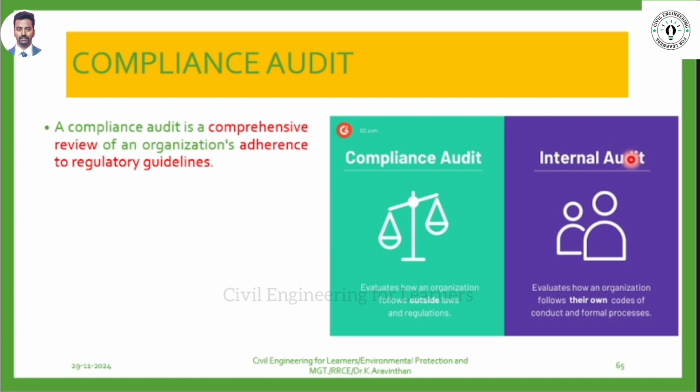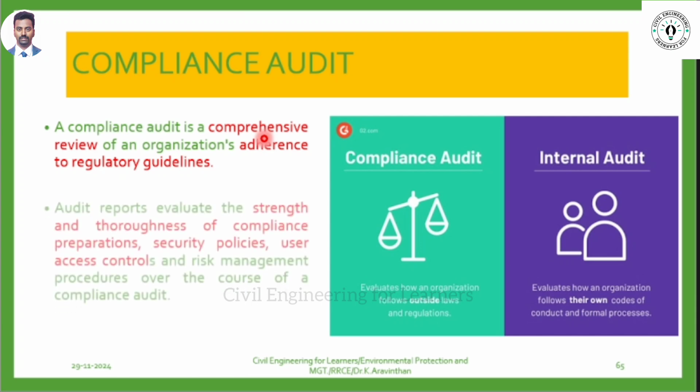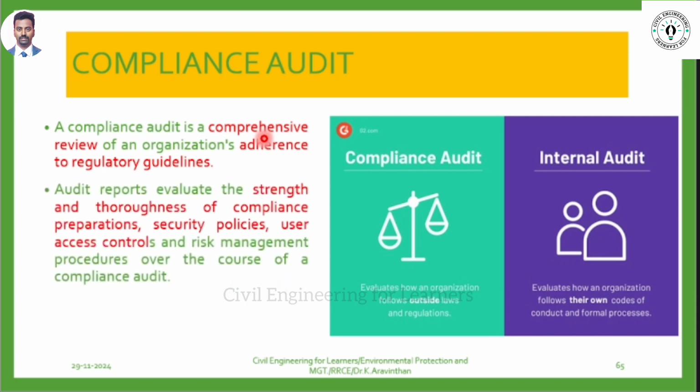Generally, if an organization has a compliance audit, that means it has a comprehensive review. They review comprehensively all aspects of the process, and if it adheres to the regulations, then they will give certificates. What are the different certificates?